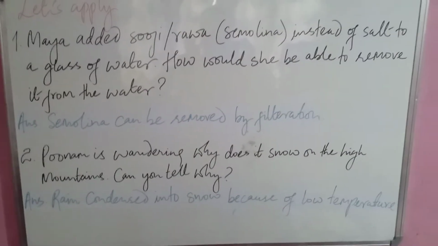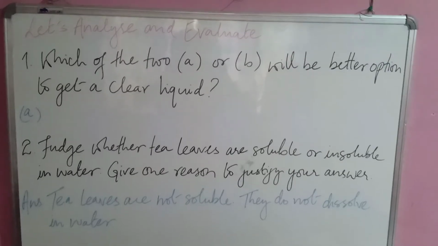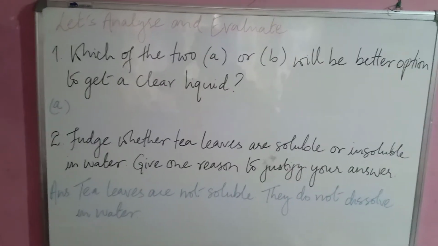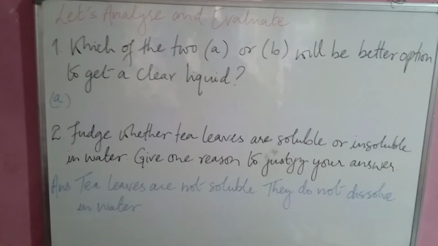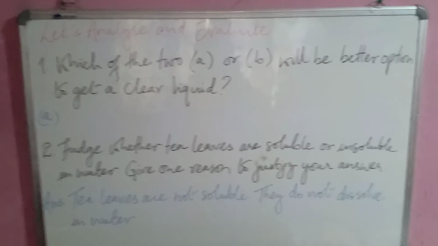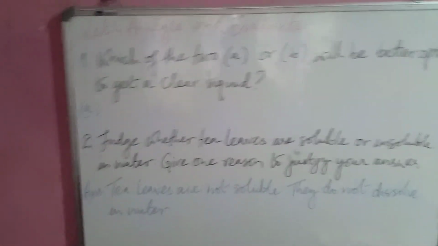Moving on, now we begin with the Let's Analyze and Evaluate questions. Which of the two, option A or B, will be the better option to get a clear liquid?